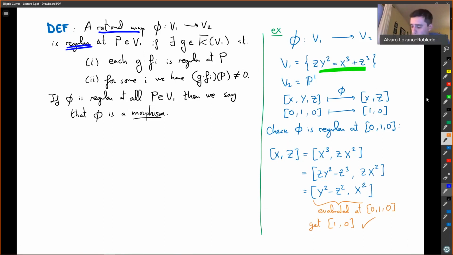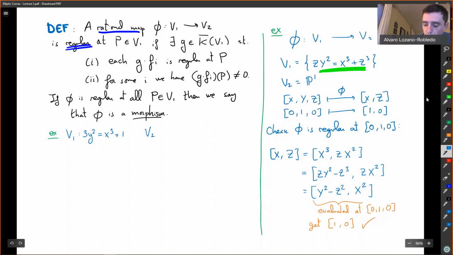Let me give you one more example of another map. Let's take V1 to be 3y squared equals x cubed plus 1, and V2 to be y squared equals x cubed plus 1.